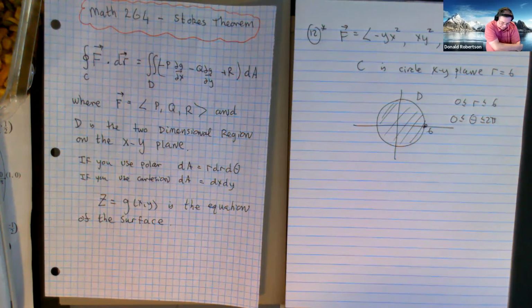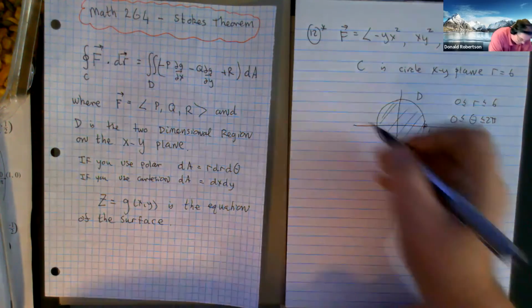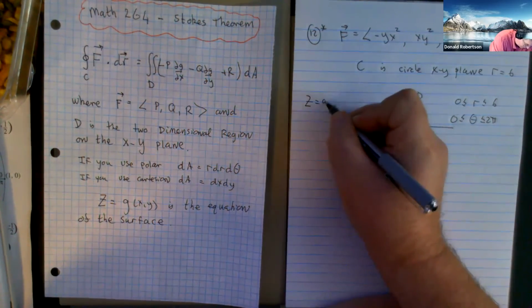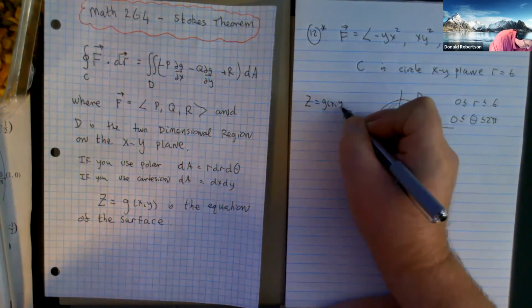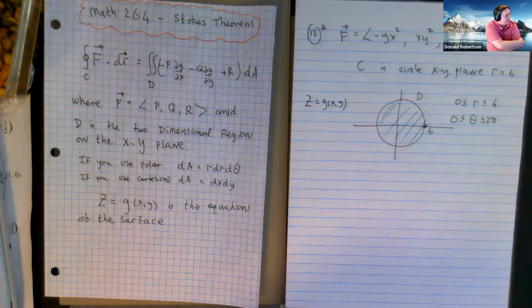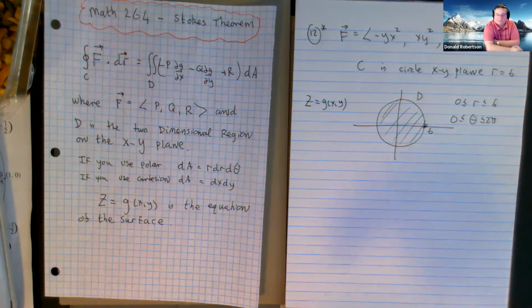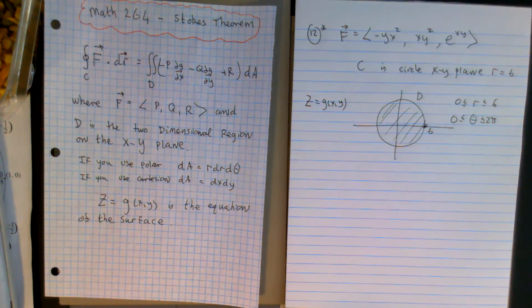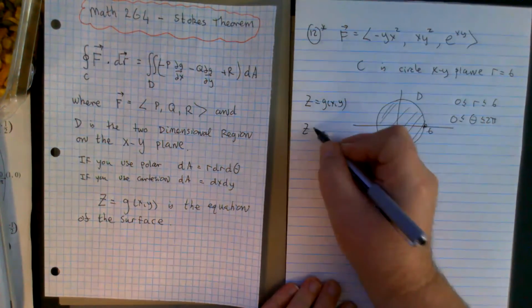So I need to find this guy. Any suggestions? I can see it in front of me. X squared plus y squared equals 6.